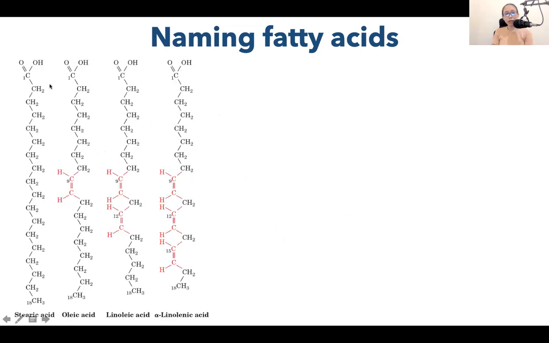Ayan. So, for example, these four fatty acids, si stearic acid, we write its symbol as 18:0. Tapos si oleic acid, 18:1, delta 9. Linoleic acid, 18:2, delta 9, 12.